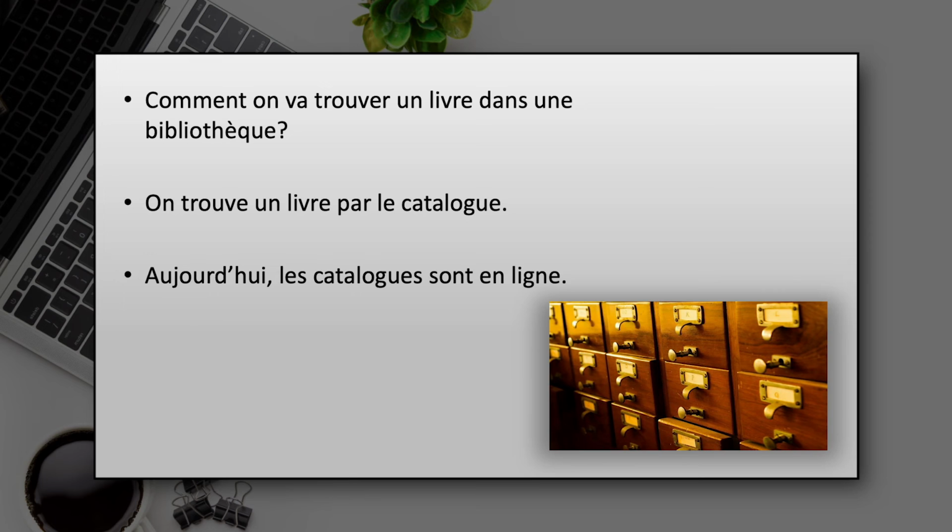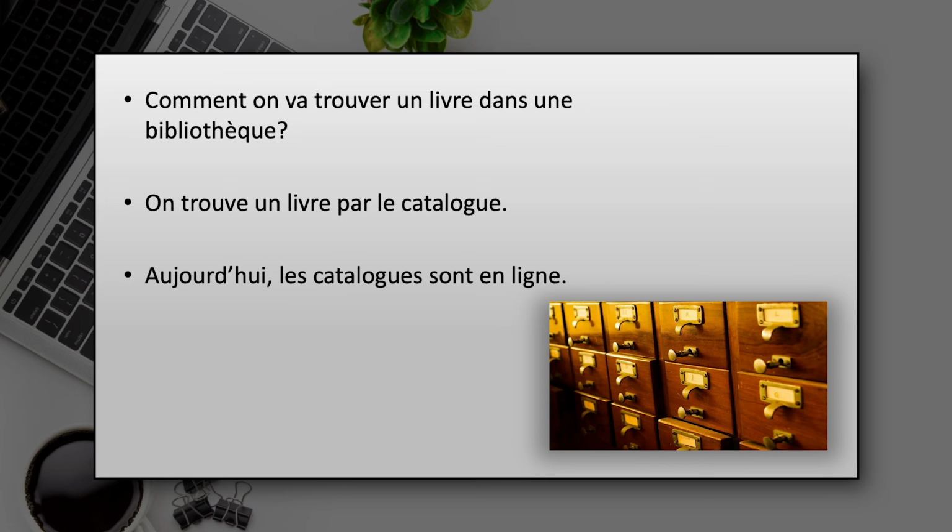Comment on va trouver un livre dans une bibliothèque? How do we find out a book in a library? Une bibliothèque means a library. A library has thousands of books. So, how do you find out one book in a huge collection of thousands of books?